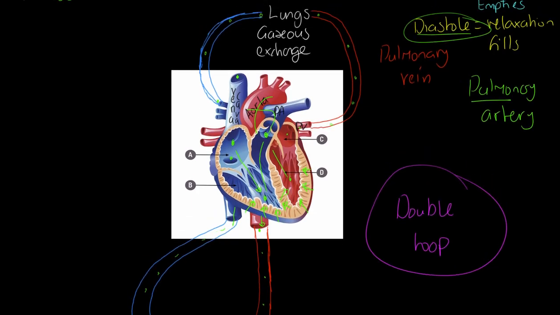Now, a couple of things I want to stress to you. In this illustration, anything red here is oxygenated. Okay? And anything blue is deoxygenated. And that's really important for us to realize. Now, a great example of that would be our red blood cell just here, traveling up to the lungs.